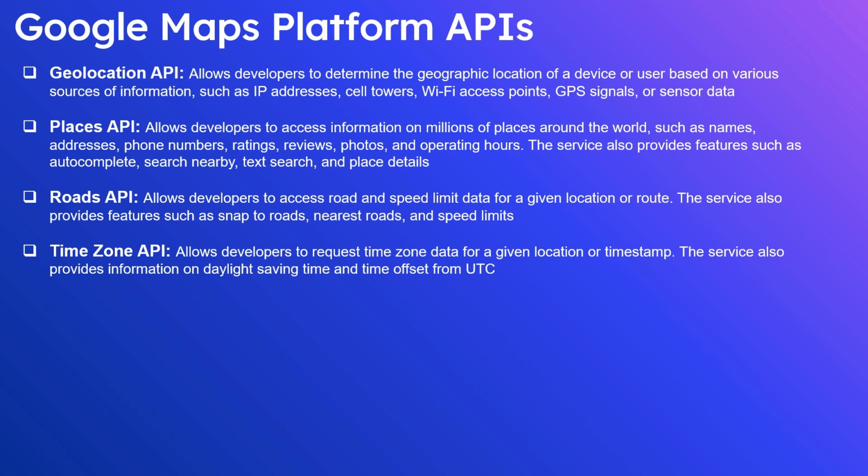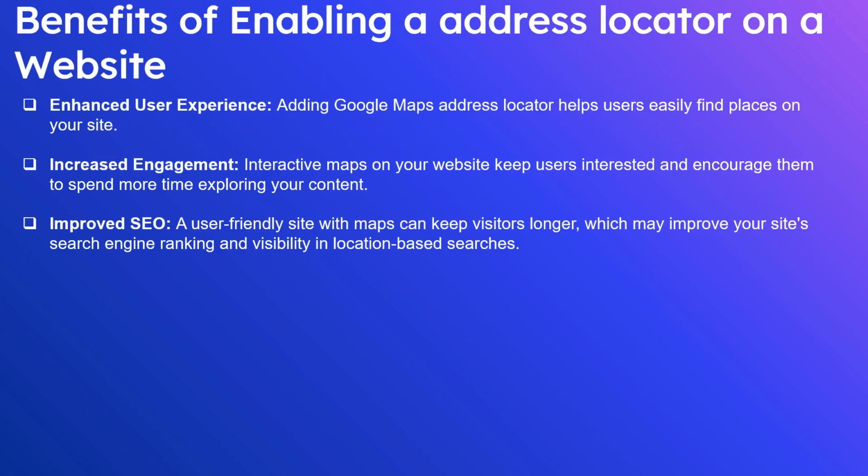In this video, we are focusing on the Maps JavaScript API to create our address locator, also using Distance Matrix API and Geocoding APIs. Some of the benefits of enabling an address locator on a website. Enhanced user experience. Adding an address locator helps users easily find places on your site. Increased engagement.